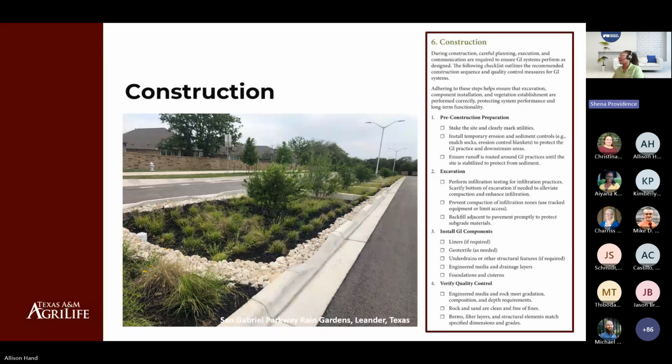And so I believe the engineer had to mark here, if you can see that curb cut in the middle of the screen. They had to physically stand there and say, hey, this is exactly where that curb cut needs to happen so that the system can function as intended and water can enter the system as we intended. So just important things to keep in mind during that construction process.